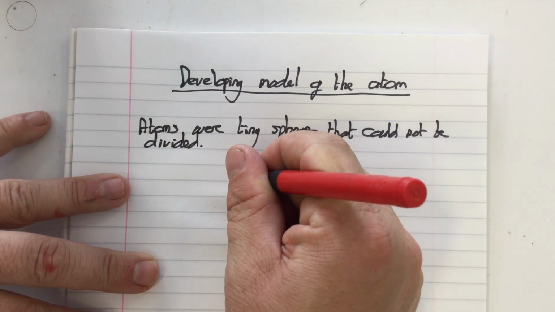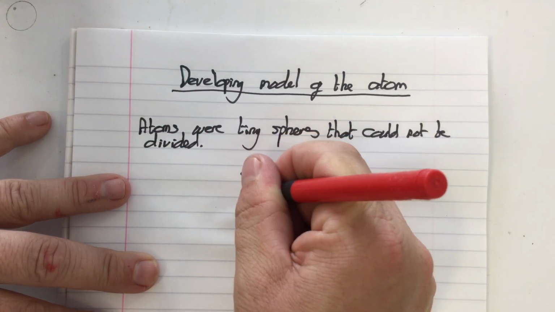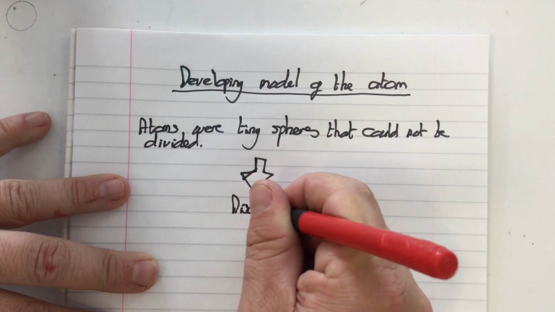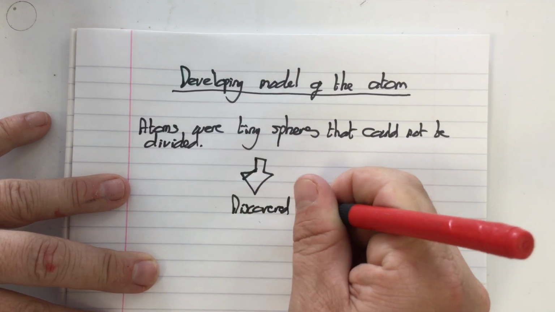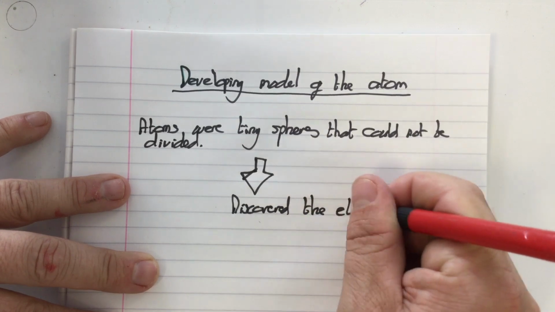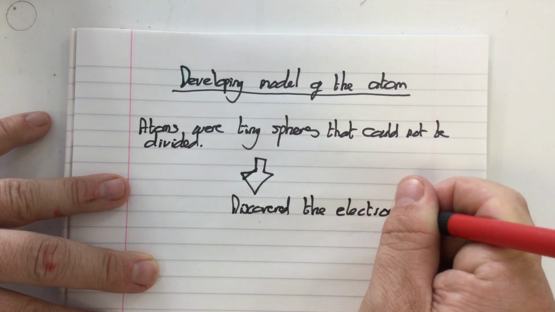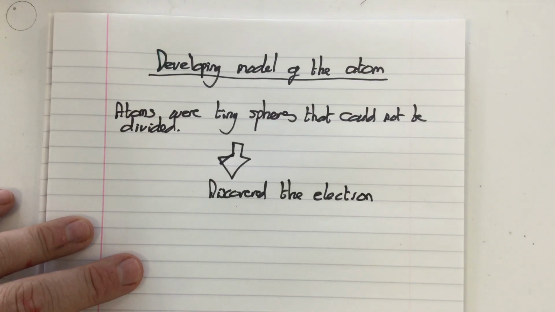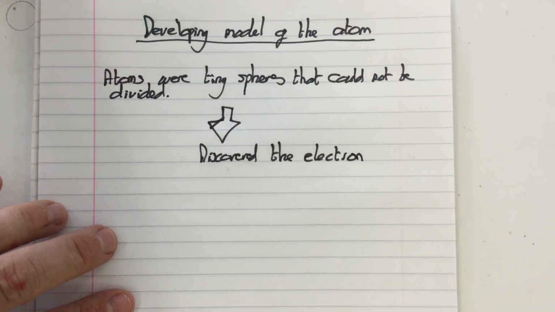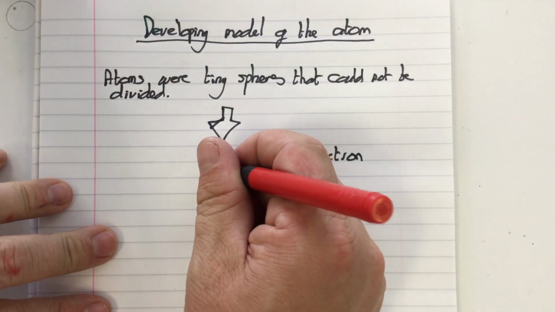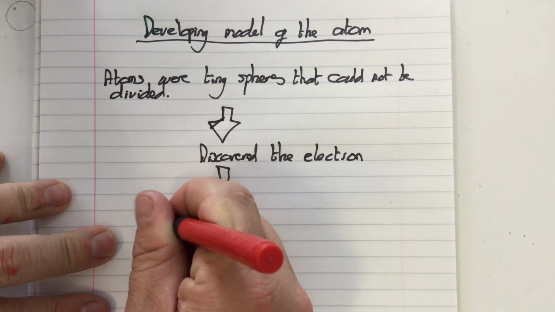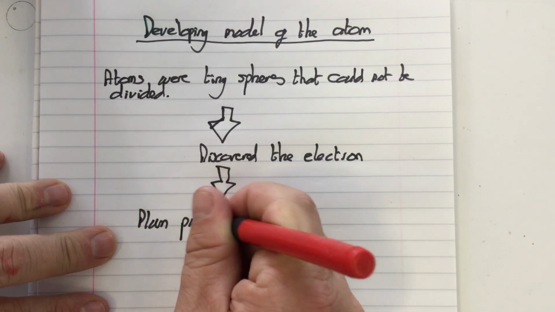Then they discovered the electron. So that obviously made people think, well, hang on a minute, perhaps there's more to it than just a sphere. So they came up with the idea of the plum pudding model.